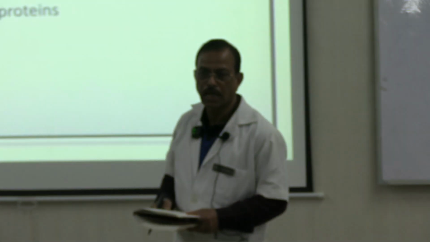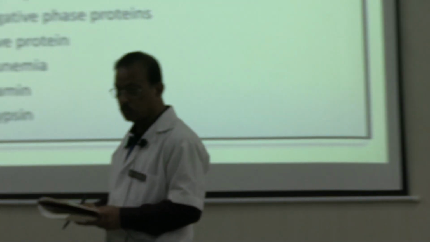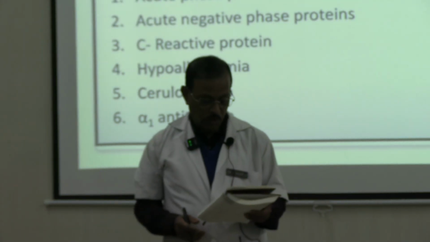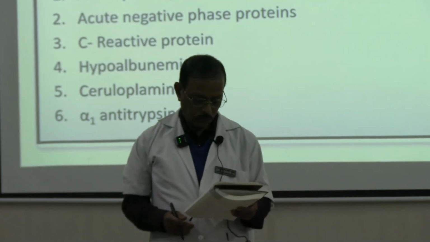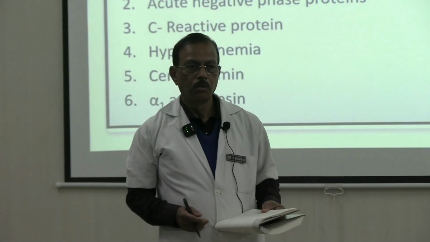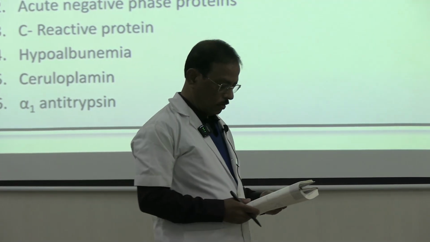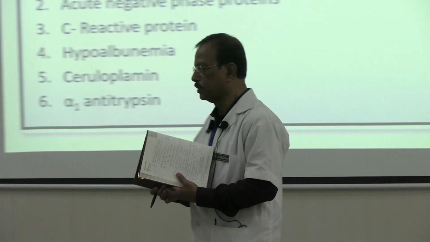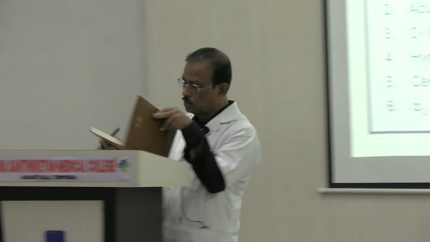Most glucogenic: alanine. You will get that when we go for metabolism. Okay, this is a must. So with this we are completing plasma proteins.